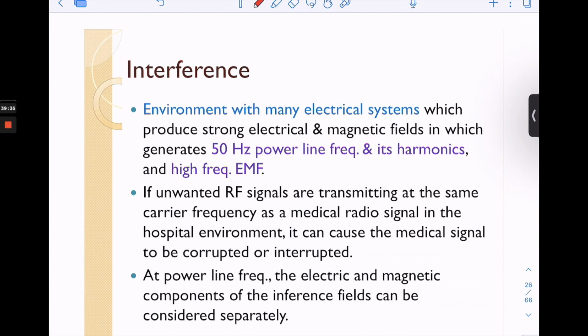signals. Okay, if unwanted RF signals are transmitting at the same carrier frequency as the medical radio signals in the hospital environment, it can cause the medical signal to be corrupted or interrupted. So we don't want this. At power line frequency, the electric and magnetic components of the interference field can be considered separately. So that's why at the hospital, they will have two power supplies.